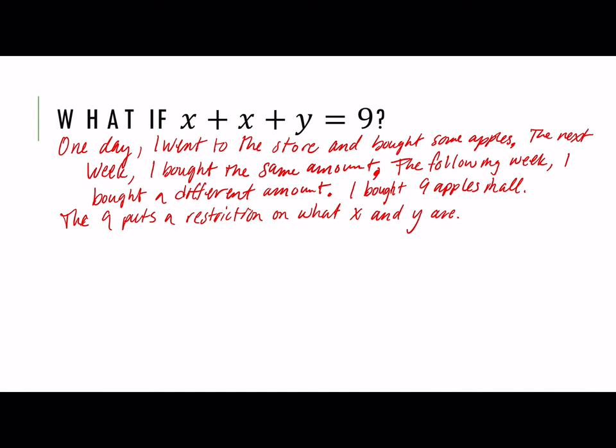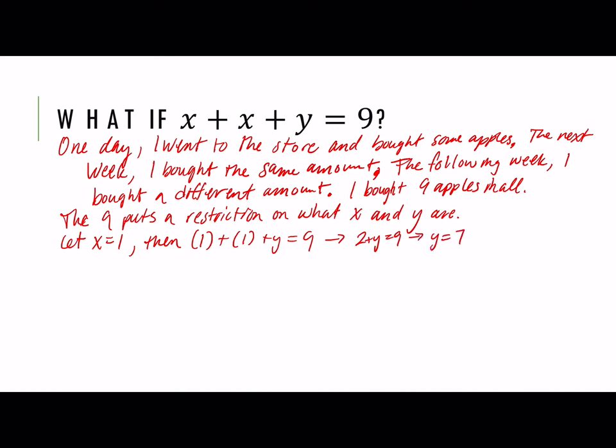And so, what could they be? Well, let's say that x equals 1. Okay, then x plus y must equal 9. Now my x is 1, so I'm going to substitute 1 in there. And because I set that equal to 9, I will have to know what y is. And apples are a situation where all I need to check are whole numbers. Therefore, 2 plus y is equal to 9. Therefore, y is equal to 7.